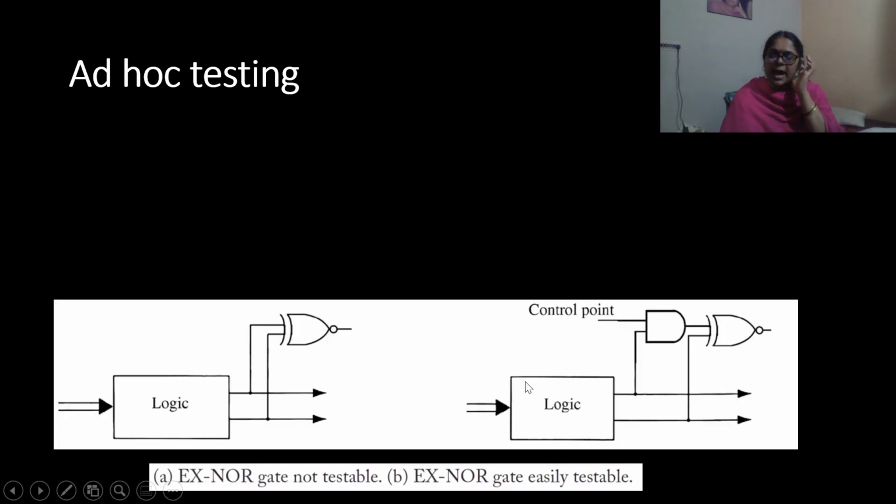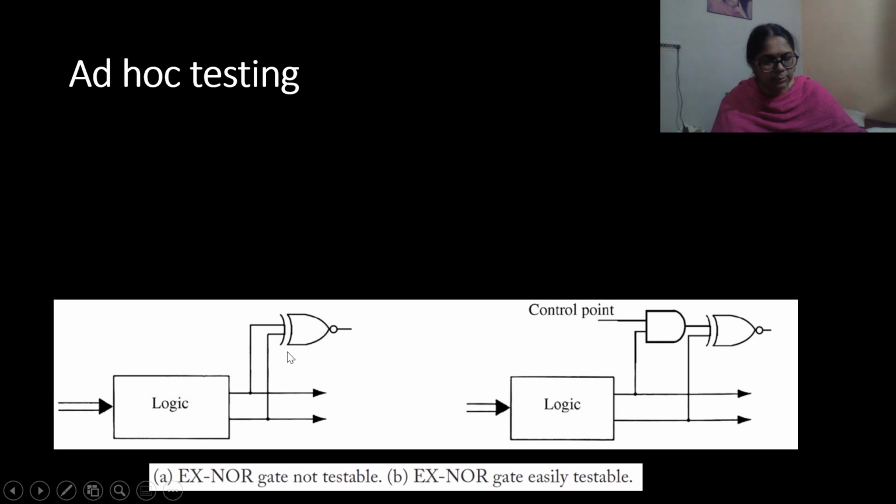The usefulness of adding a control point can be appreciated from the circuit shown in the figure. Suppose the output of the XNOR gate in the circuit is always 1, indicating that both the outputs of the logic block are the same. We know that XNOR output is equal to 1 when the inputs are 0, 0 or 1, 1.